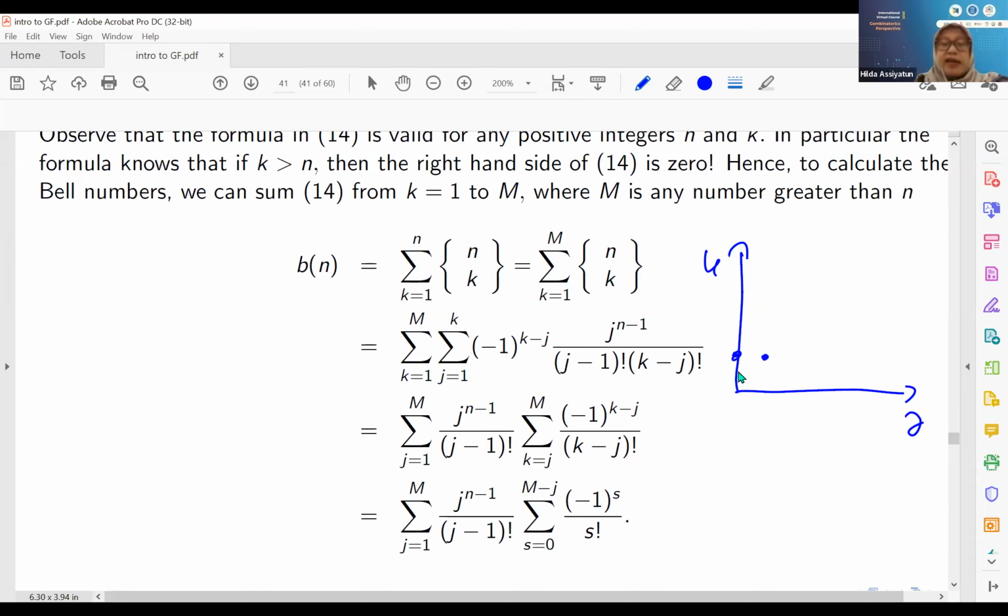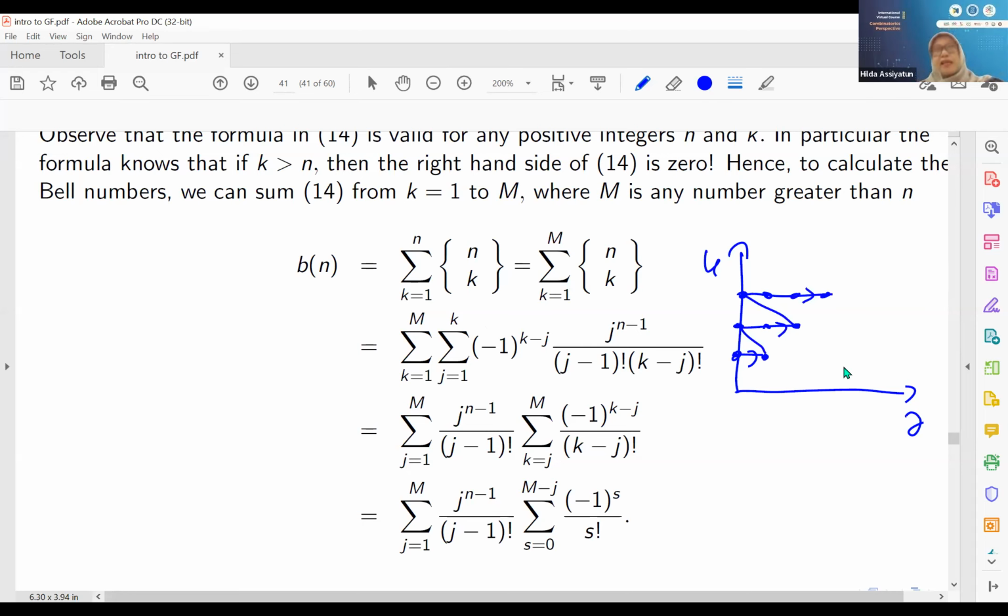Now k equals 2, and then j follows suit, 1, 2. Now we add one more, k equals 3, and then j follows suit, 1, 2, 3. This is how we do the summation in the second line here.